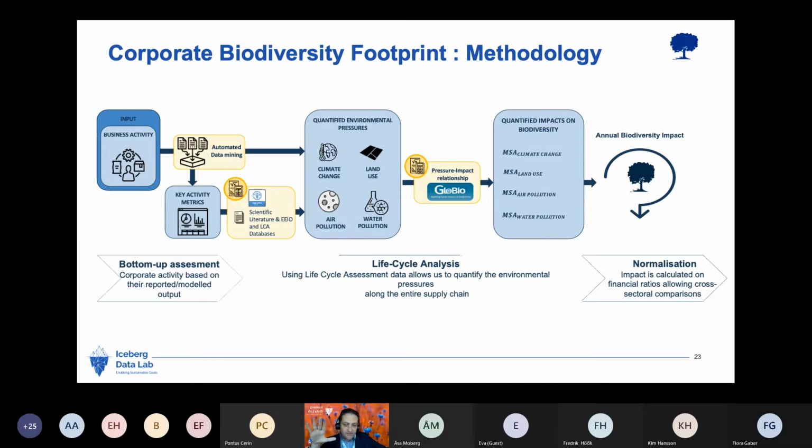We use a quantitative indicator, the MSA, mean species abundance, which is a surface indicator. It allows us to answer the question, and that's what CBF was developed for: what is the impact of an issuer within my portfolio on biodiversity, which will depend on its processes, products, and supply chain.